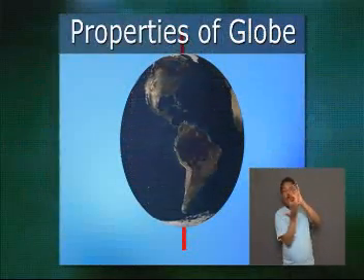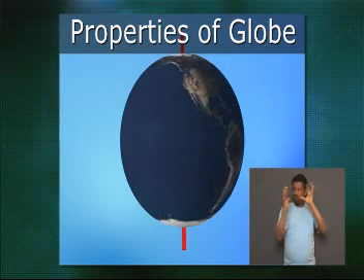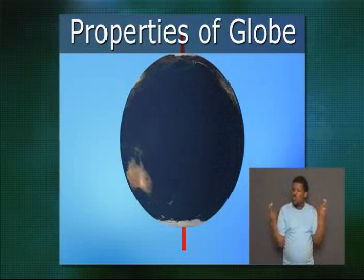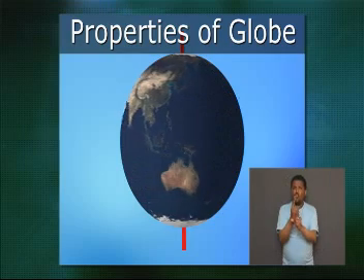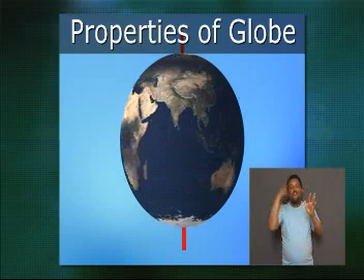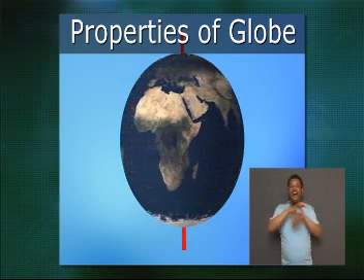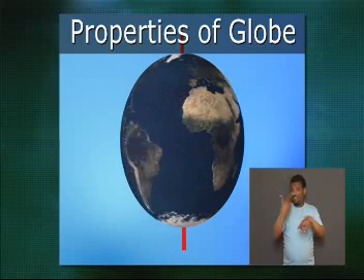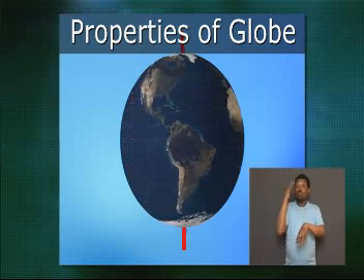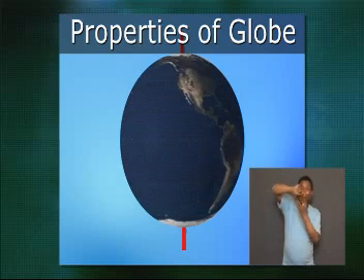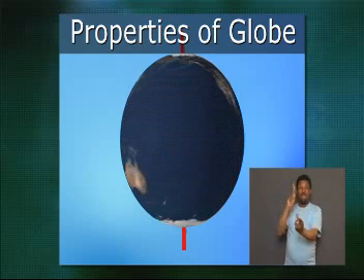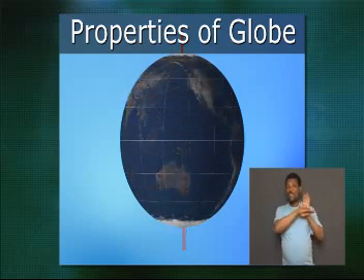Globes are spherical, which makes them very useful and appropriate models for representing the Earth's surface. The Earth, as we know, is round, so a globe is a perfect visual representation.